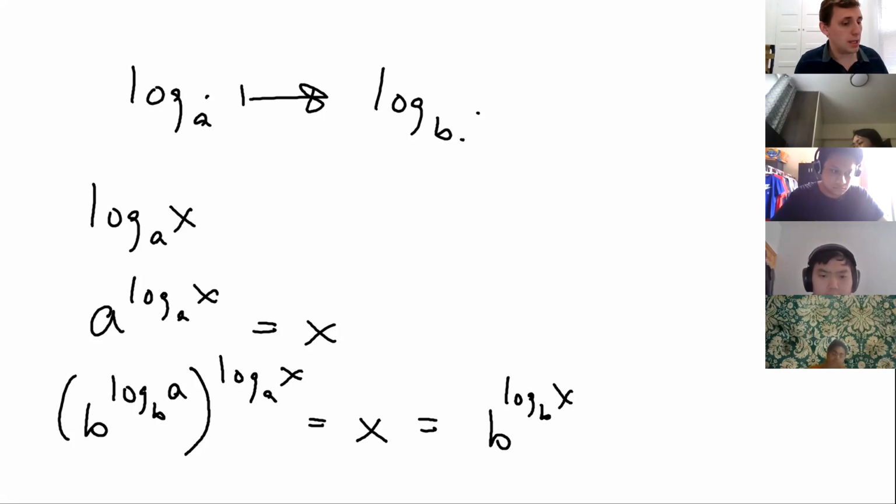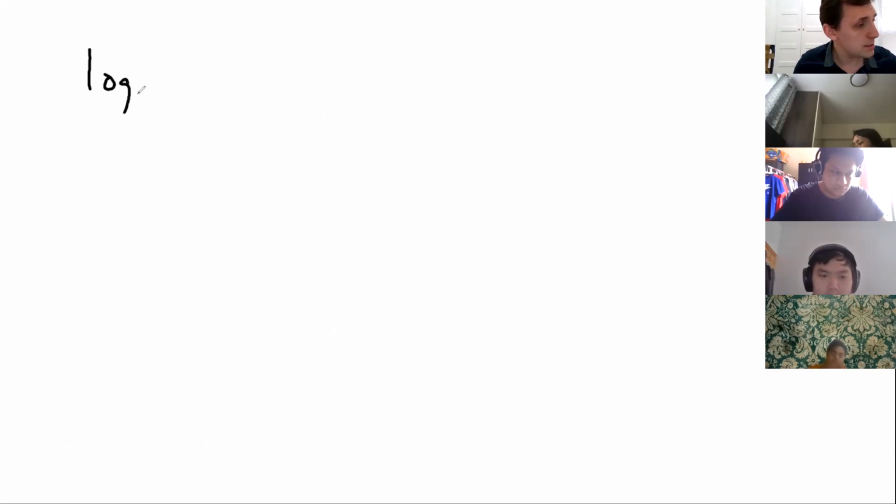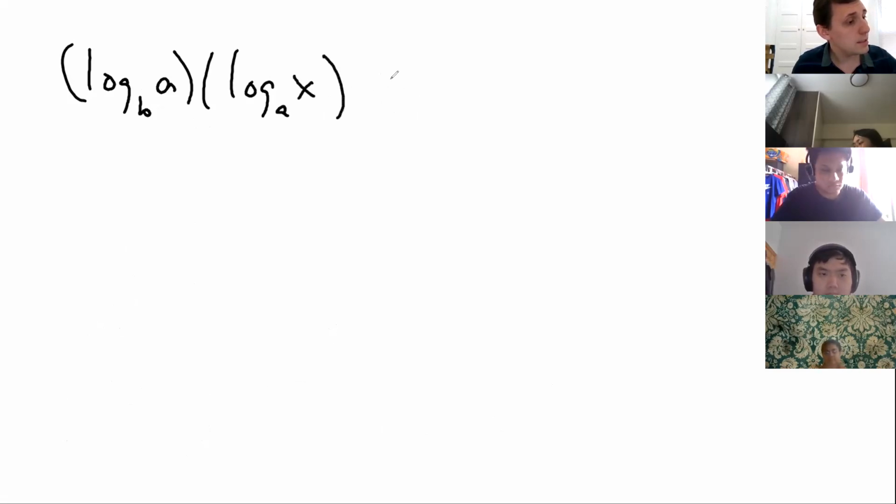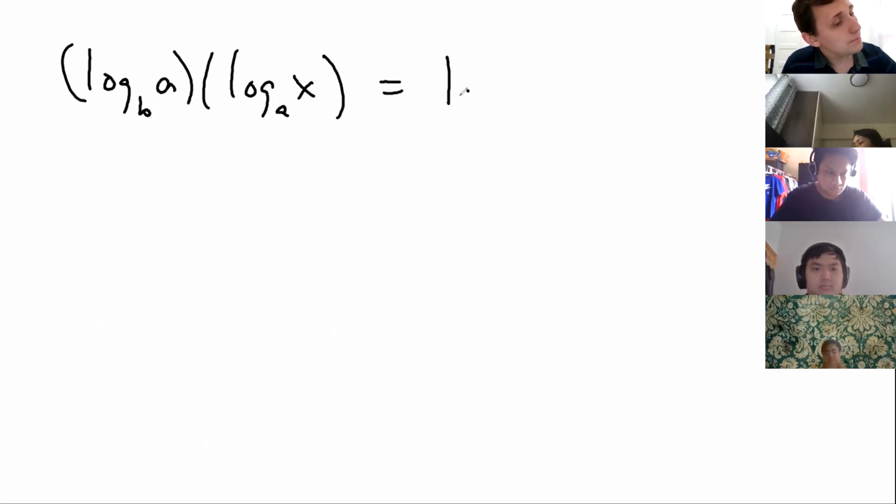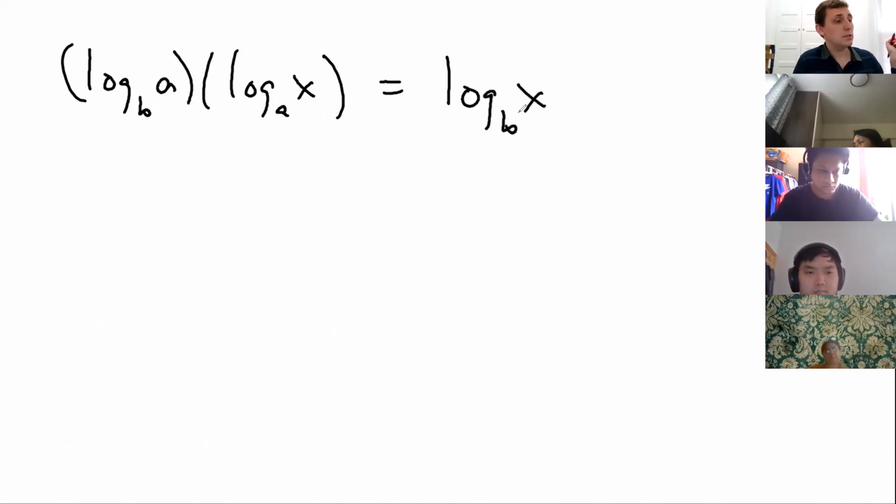So I have the following property, you see the product. I have the property that log base b of a multiplied by log base a of x is equal to log base b of x. You follow?